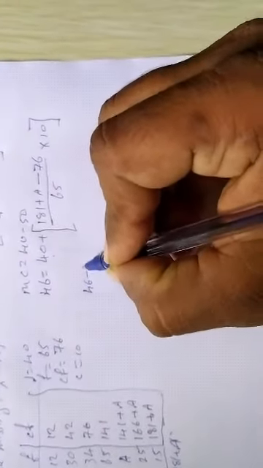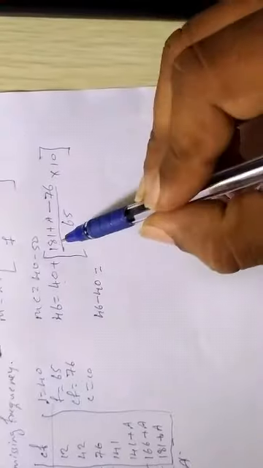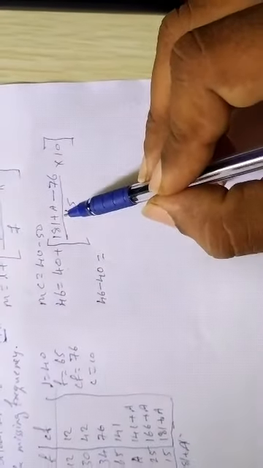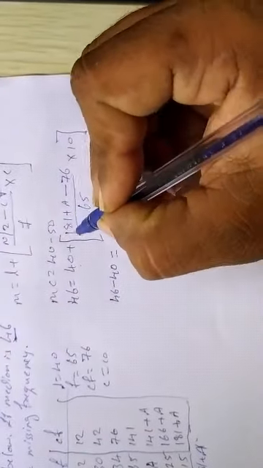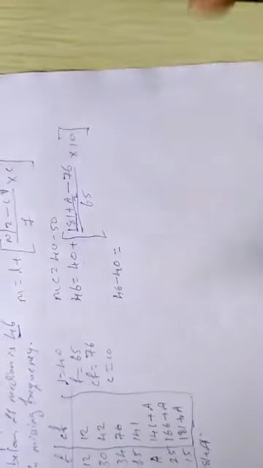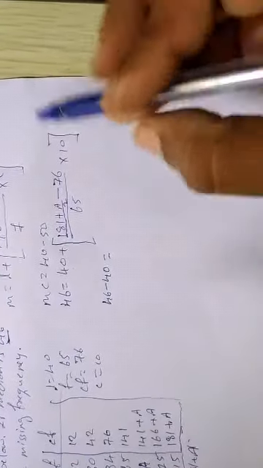So 46 minus 40 is equal to (181 plus A) divided by 2 minus 76, divided by 65 into 10.